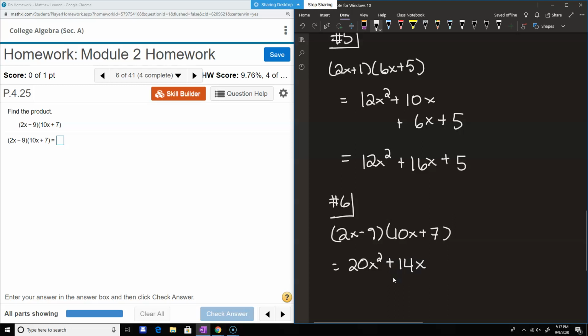We do minus 9 times 10x, which is minus 90x, and then minus 9 times 7 is minus 63. So again, just add vertically, and we get 20x squared, and then that should be minus 76x? Minus 63.